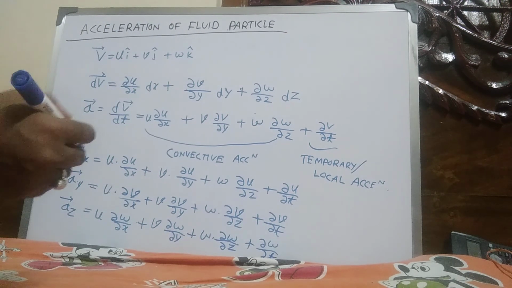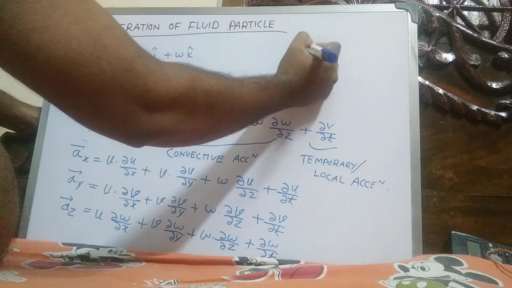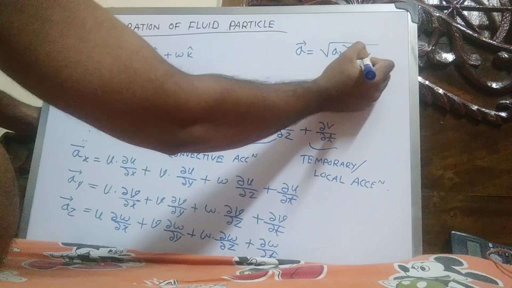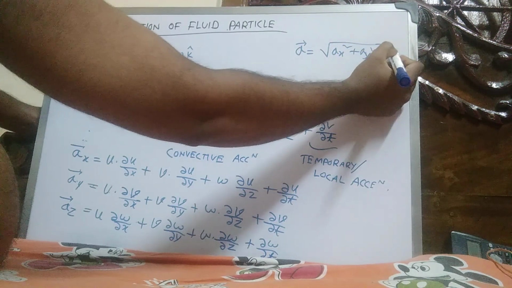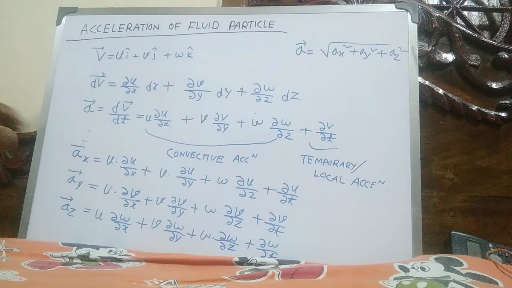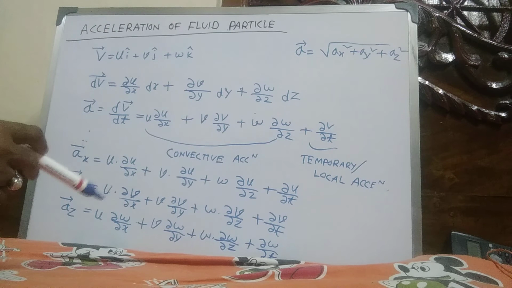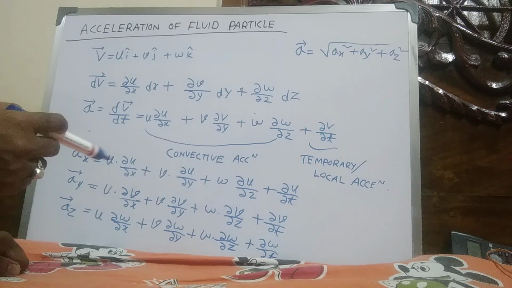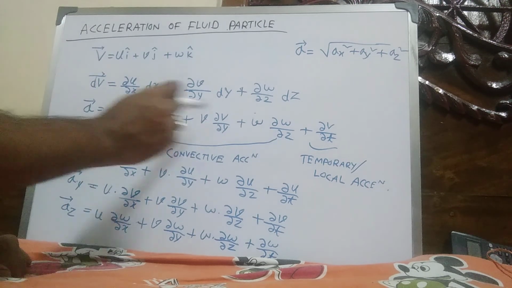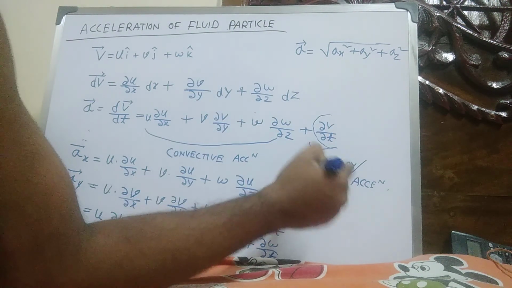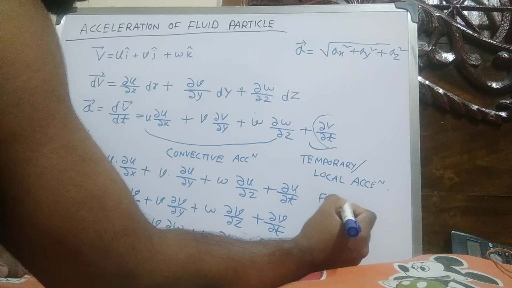So the acceleration of fluid particle is root over ax whole square plus ay whole square plus az whole square. Understand? This value is for steady flow, and for steady flow this value is 0.